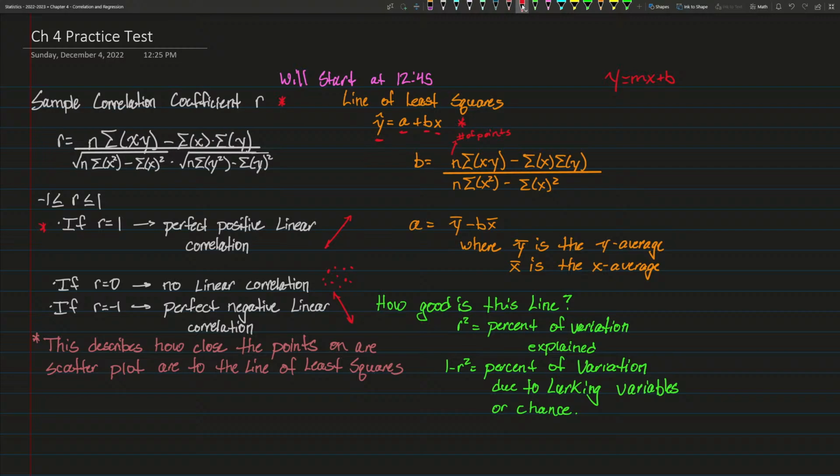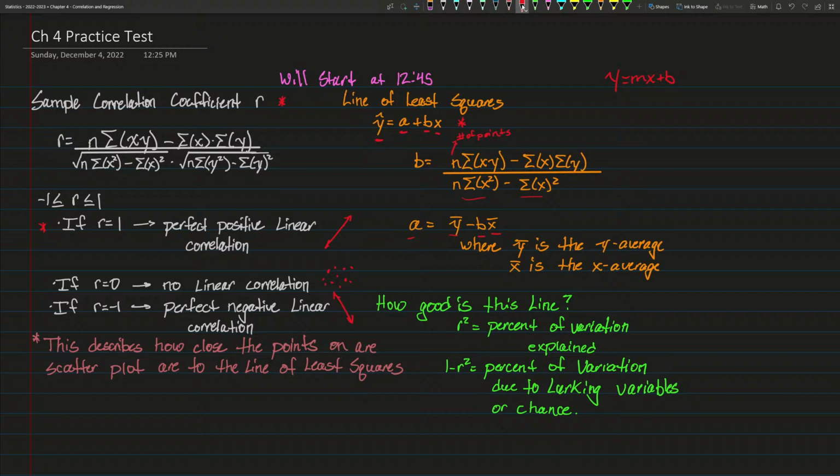That's the numerator. And then on the denominator, again, we have n times the sum of x squared minus the sum of x, and then squaring that. Okay, our y-intercept, we're just going to set a equal to y bar, which is the average of the y's, minus b, our slope, times x bar, the average of the x's.